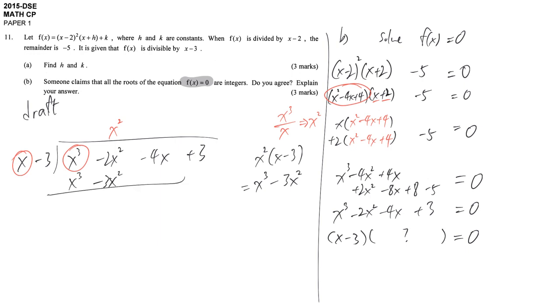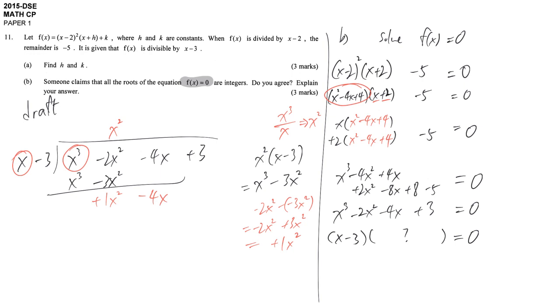Finally, of this cycle, we are going to subtract them. So we have negative 2x squared minus what is below, negative 3x squared. That's why we have positive 1x squared. And then we have finished one cycle already.